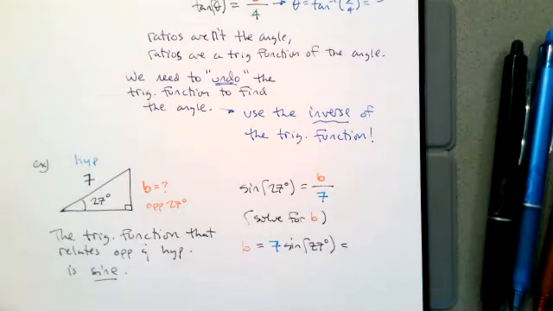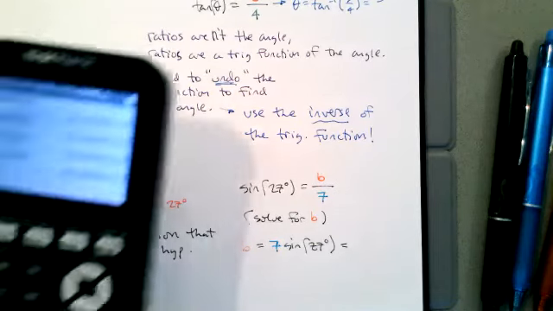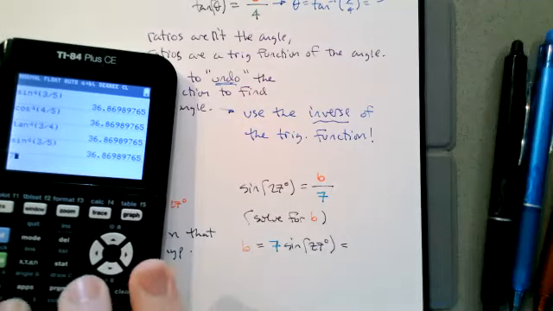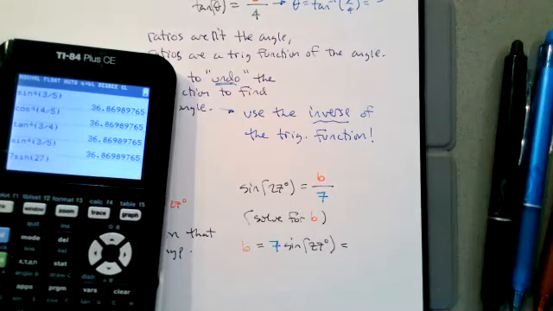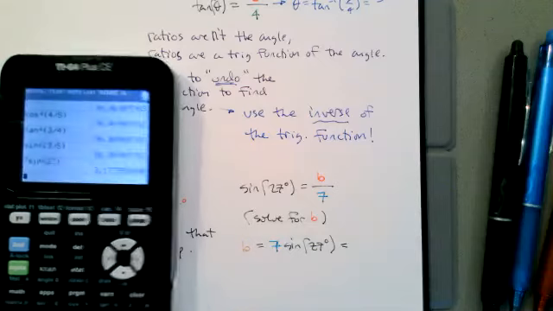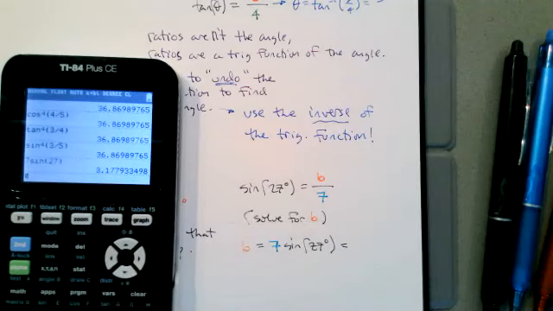And that tells me exactly what I need to push into the calculator. So I want to figure out what 7 times the sine of 27 degrees is. So 7 sine 27 is 3.18, we'll call it.